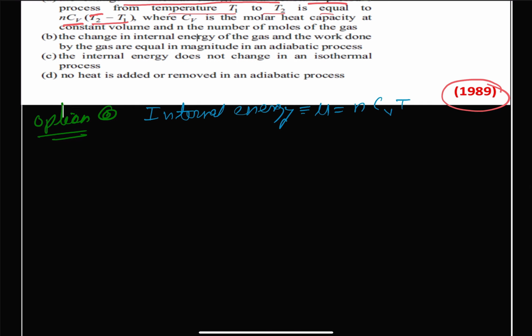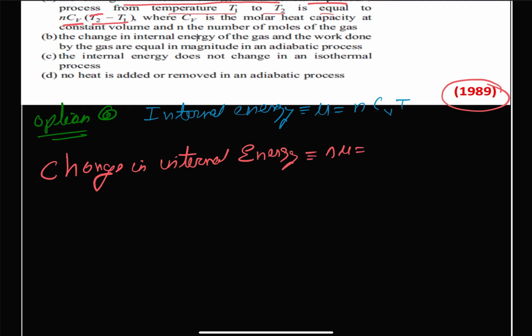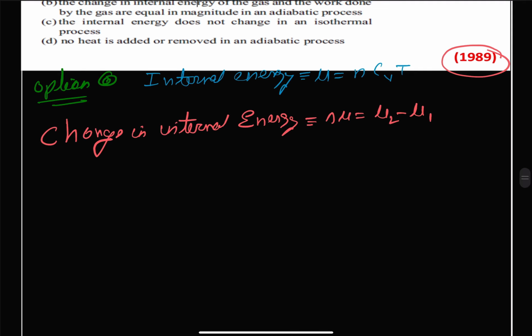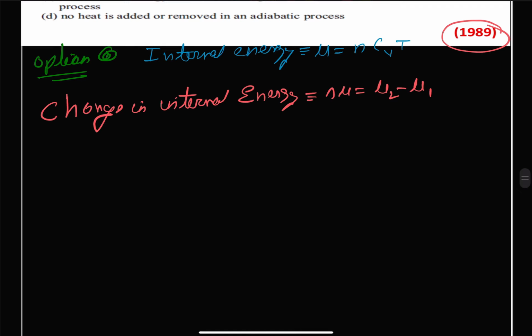Therefore, the change in internal energy, that is our delta U, will be equal to U2 minus U1, and we can modify the equation. So we get delta U is equal to nCvT2 minus nCvT1, which gives us nCv(T2 minus T1).